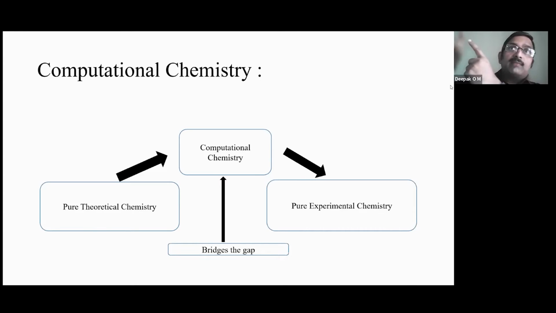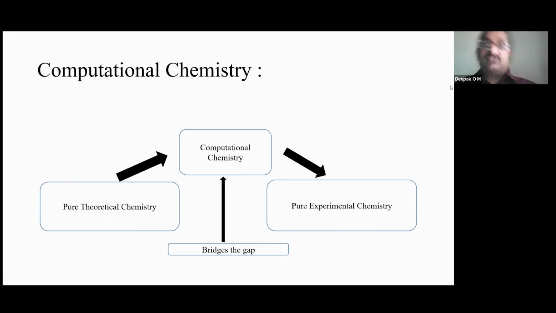And at the other extreme, in chemistry you have another category, pure experimental, where people majorly focus on the experimental aspects of chemistry. That means the wet lab. You'll be in the lab, working with different reagents, maybe conducting reactions, and that will be pure wet lab based work.